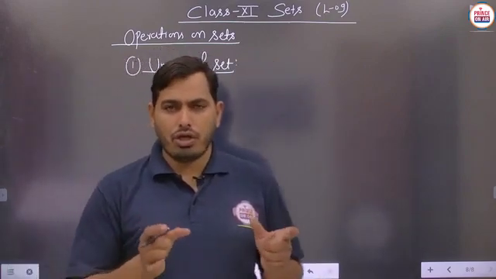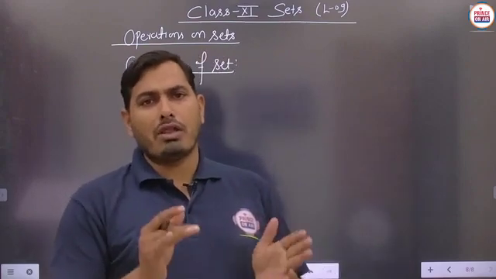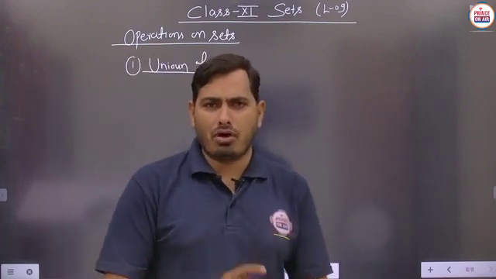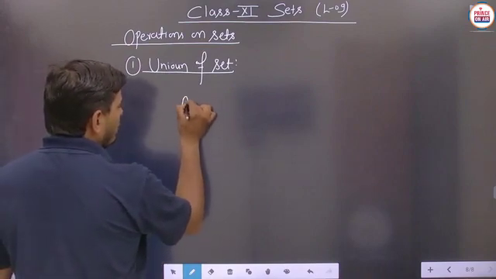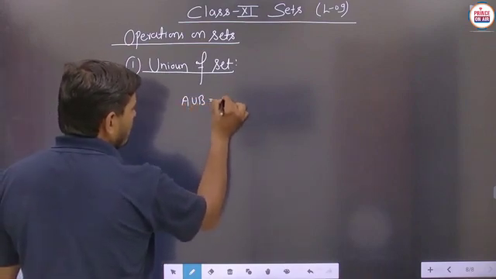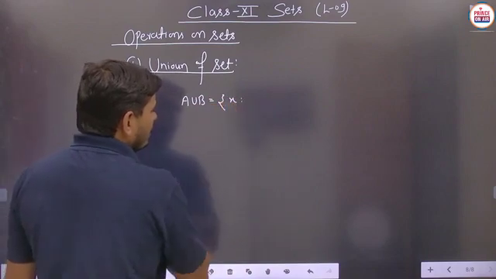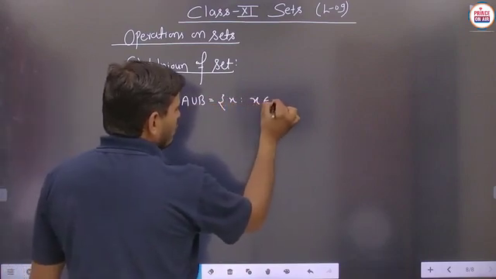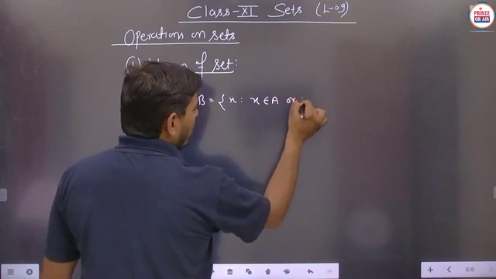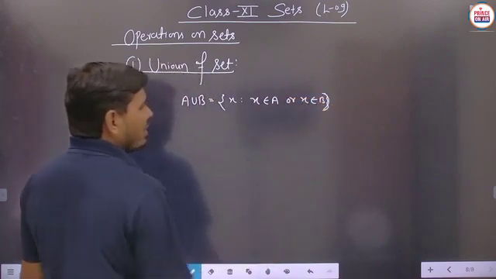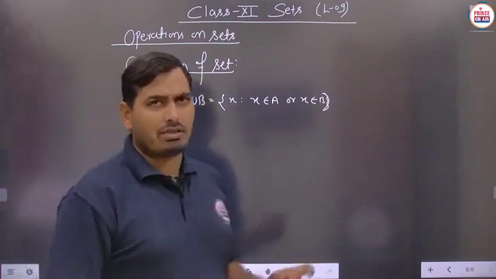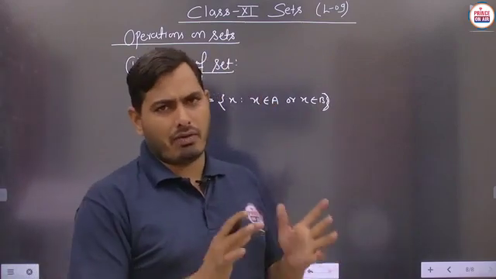Means the union of two sets contains all the elements of A and all the elements of B. Mathematically, A union B is written as x such that x belongs to A or x belongs to B. Means we write down each and every element that is included in set A or B. Is it clear?